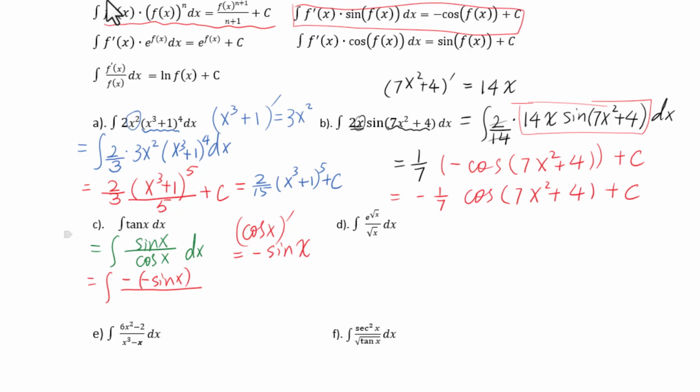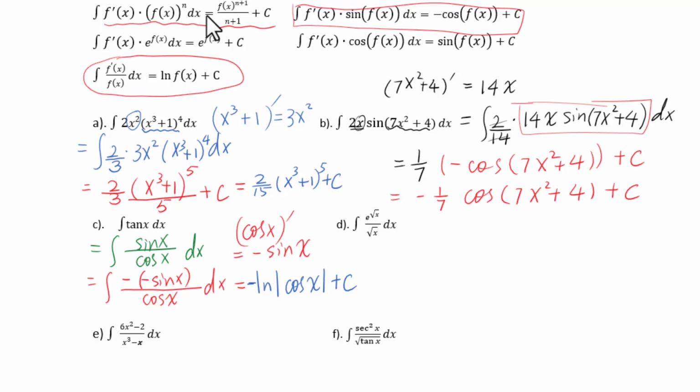Then put the negative sign again. So we have a negative, still equals a positive, sine x dx. Then we have to use this formula. The final answer will be negative natural log of the absolute value of cosine x plus c.